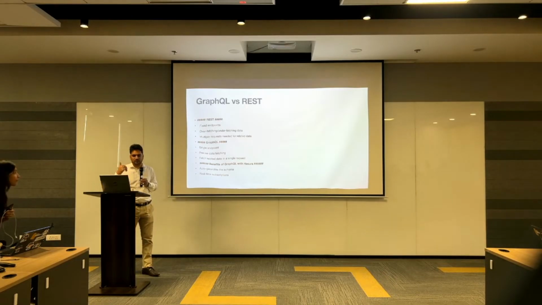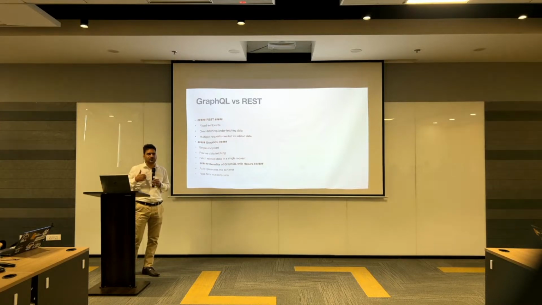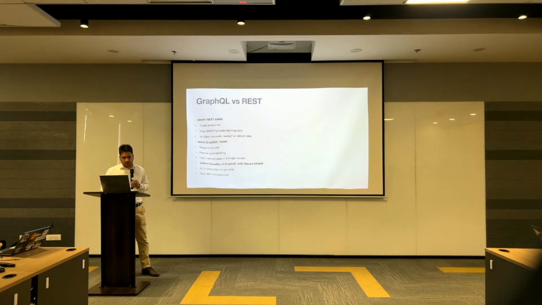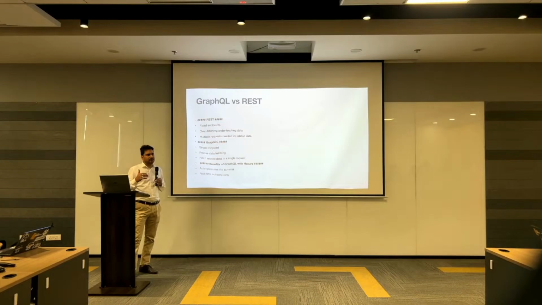We'll slowly come to Hasura, but I want to create the foundation of why we are exploring Hasura and how it assists us. Even if related data is present over multiple tables, we just have a single request with GraphQL and we get that data, right? So this is the advantage of GraphQL over REST.